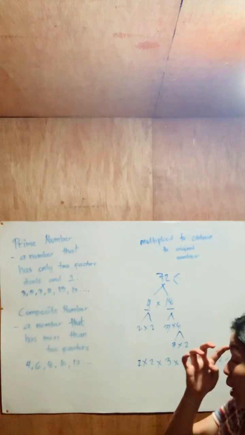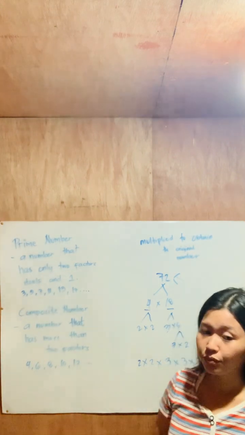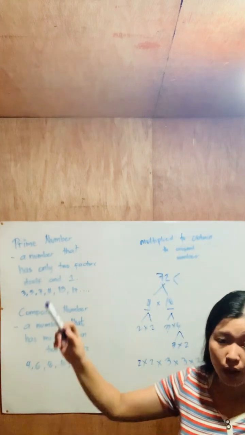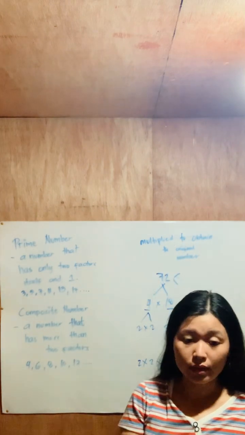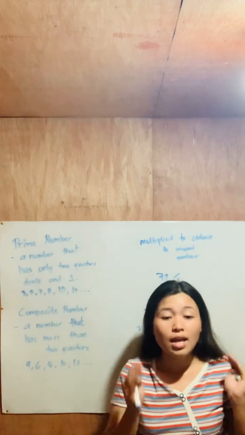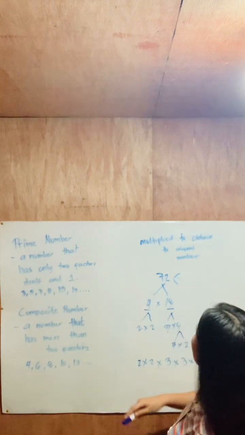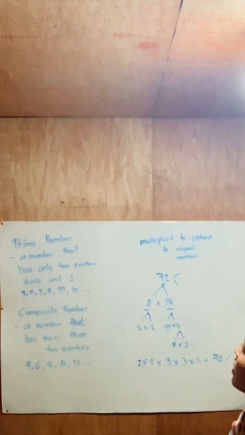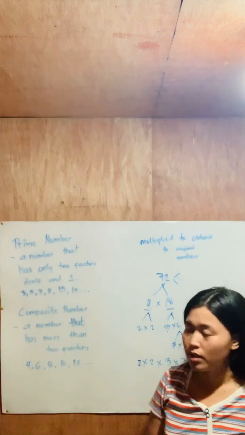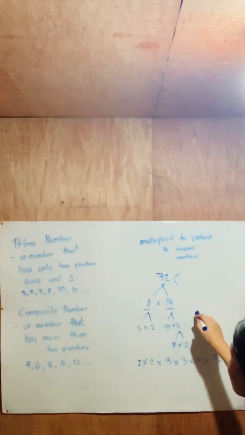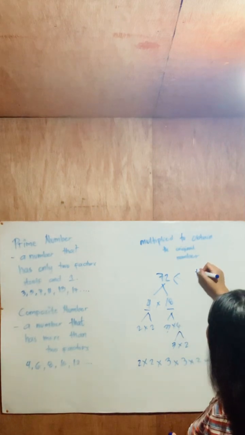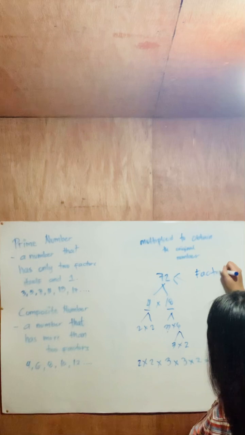Prime factorization is a breakdown into its prime factors, all the prime numbers that multiply together to equal the original number. So multiply to obtain the original number. This is what we call the factor tree method.